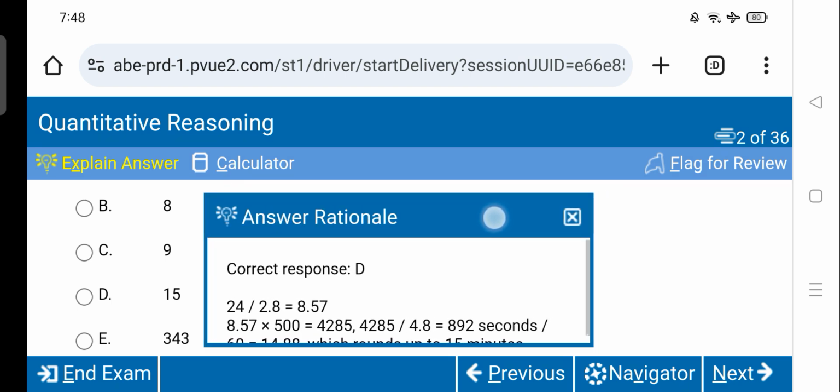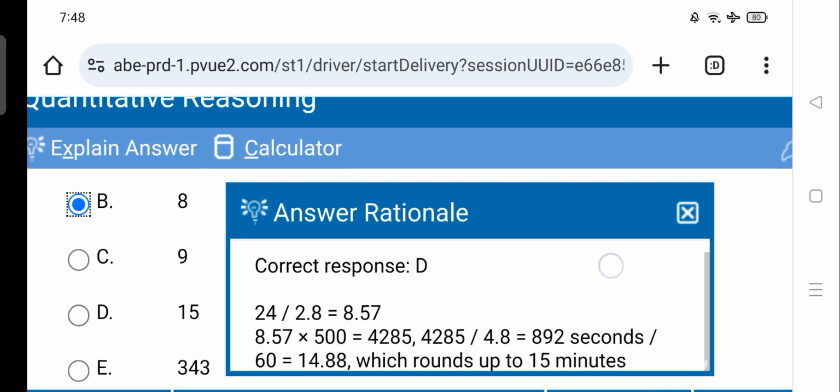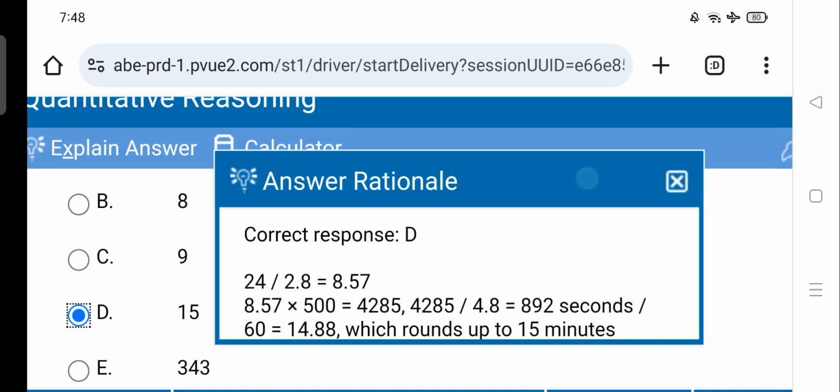So the correct response we have is option D. 24 divided by 2.8 equals 8.57. 8.57 multiplied by 500 equals 4285. So 4285 divided by 4.8 equals 892 seconds, which divided by 60 equals 14.88, which rounds up to 15 minutes.